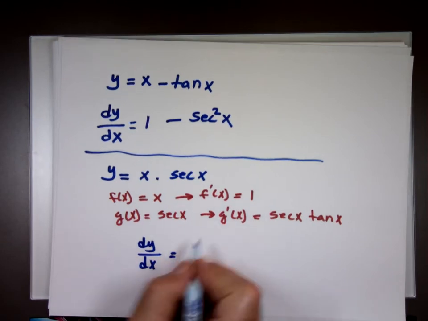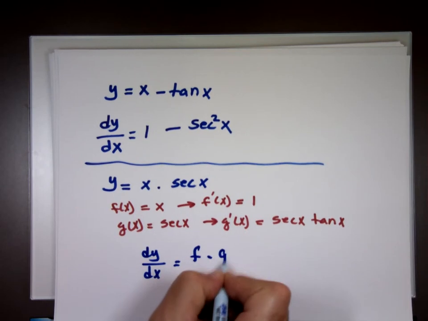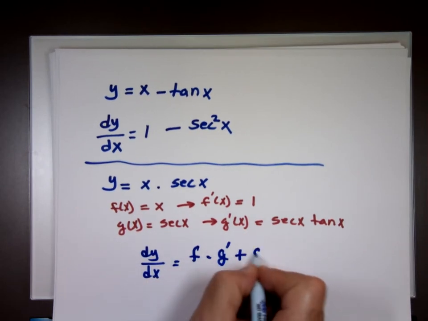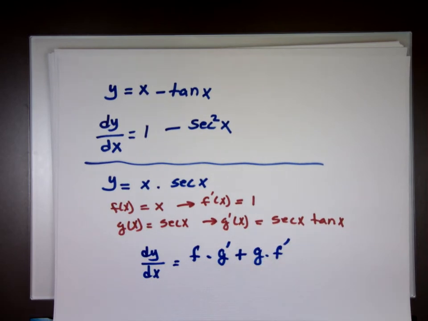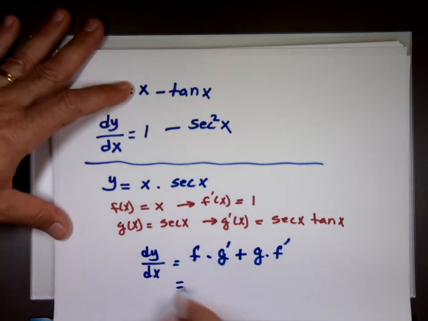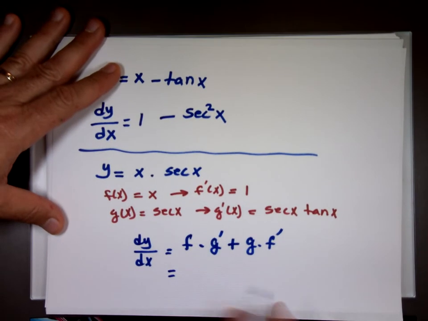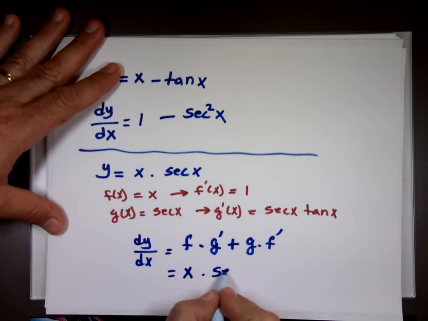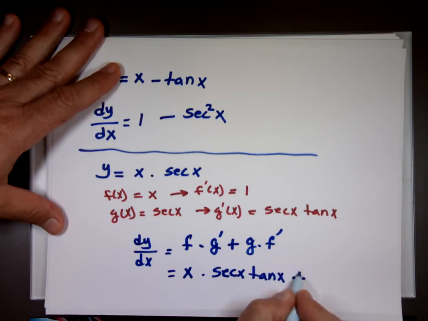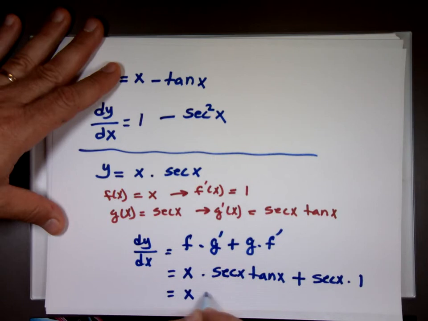The first, which is f, times the derivative of the second, plus the second times the derivative of the first. What's the first? X, g sub prime, secant x, tangent x, plus g sub x, which is what? Secant x times the 1. So if you clean it, what do we have? X secant x tangent x, plus secant x.